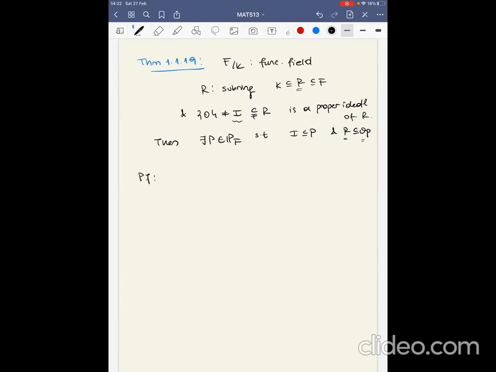And to prove this theorem, actually we will show that such a valuation ring exists depending on I, and then we will see that the corresponding place contains I, and we will prove it by the axiom of choice. And for this purpose, we consider an inductively ordered set, and then we are able to choose a maximal element from this set.